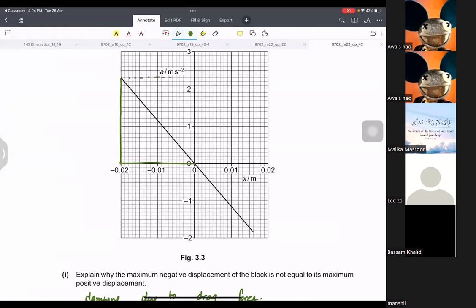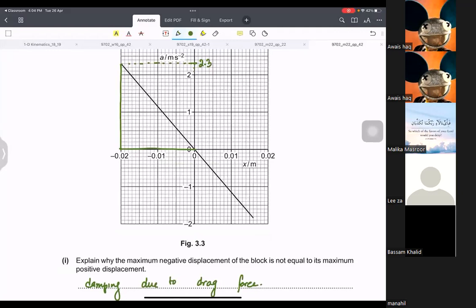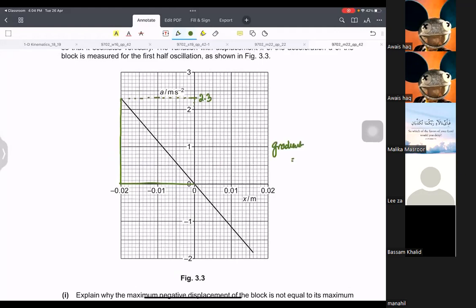So this, my friends, is 2.1, 2.2, 2.3. And this is minus. So first omega for the gradient. Sorry. Gradient would be equal to 2.3 divided by minus 0.02.